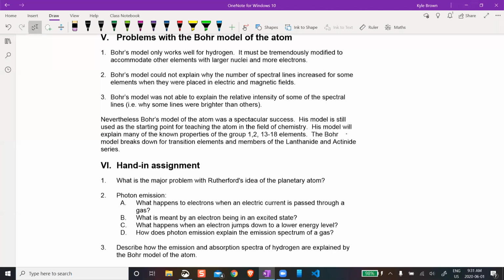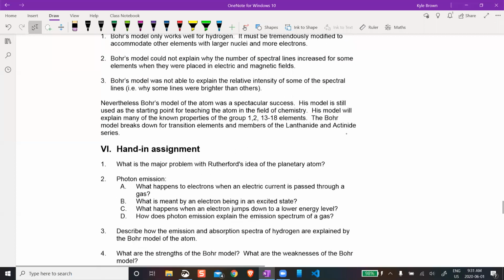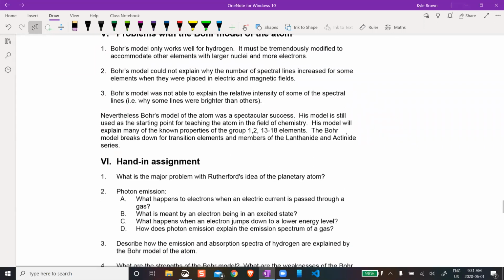Not going to get into that one. But Bohr's model was also not able to explain the relative intensity of some of the spectral lines, so why some lines were brighter than other lines, right? So there's still a lot going on that he wasn't able to explain at this point. The big one here, I think, was probably the first one. Actually, they're all probably pretty big. It just didn't give us quite that full picture yet.